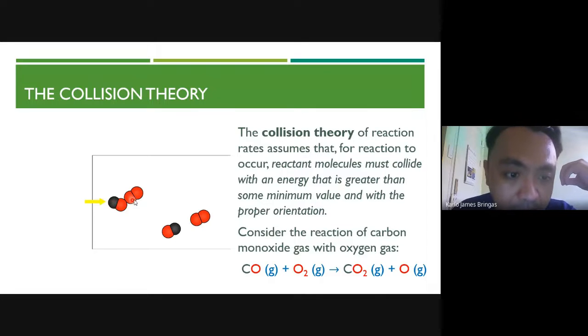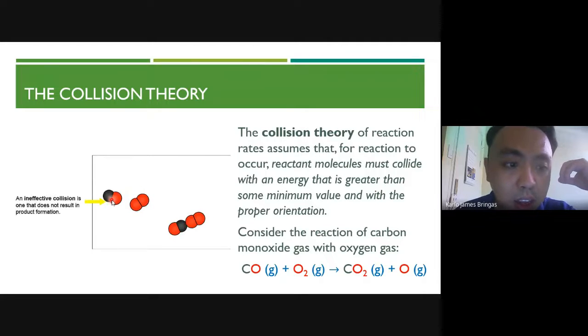Notice here that our two reactant molecules are not properly oriented. First off, our oxygen is colliding with the CO at an angle. Furthermore, the oxygen atom of the O2 is not colliding with the carbon atom of our CO. So as a result, since it's not properly oriented, no reaction has occurred.